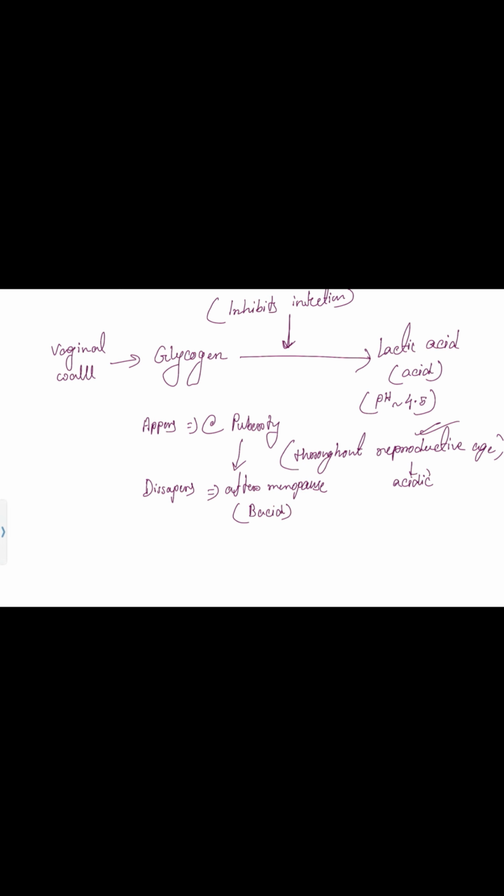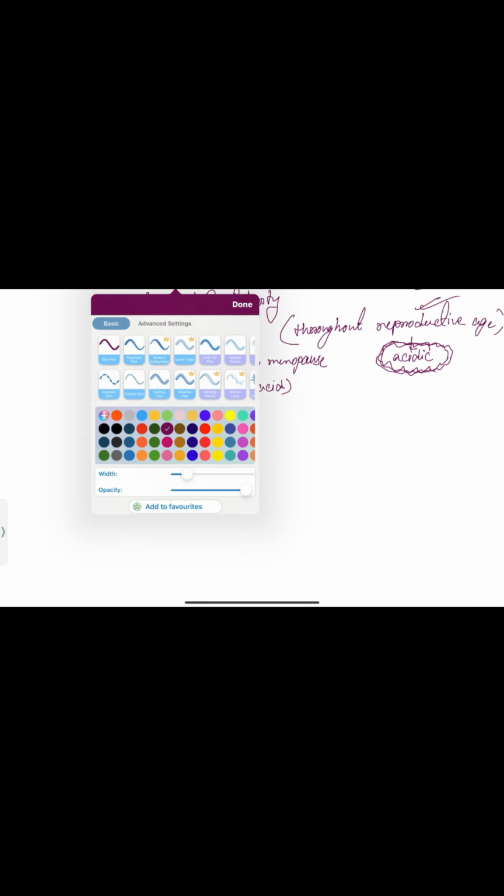And throughout your reproductive age, it will be acidic in nature except during the menstrual phase. Every month the woman goes through the menstrual cycle. When the menstrual blood flow remains for 4 to 5 days, at that time it will be slightly alkaline in nature because of the blood presence, and all the remaining time it will be acidic in nature.